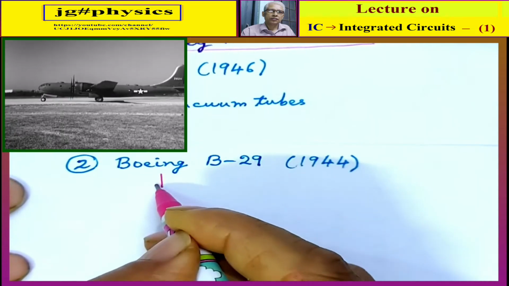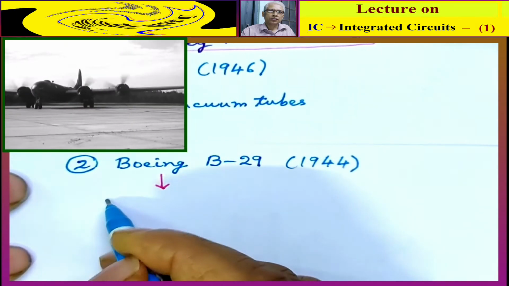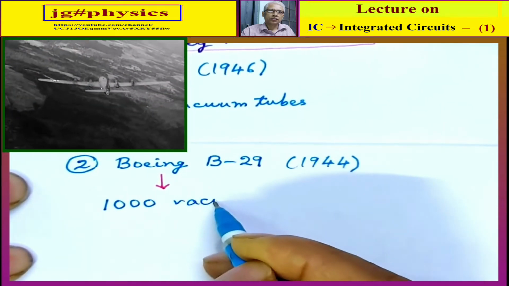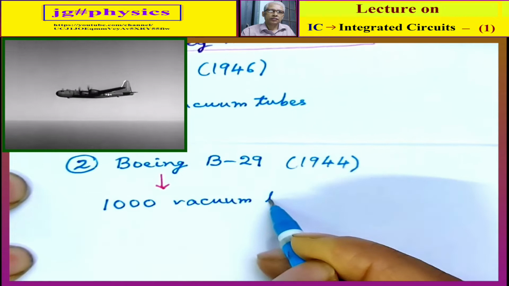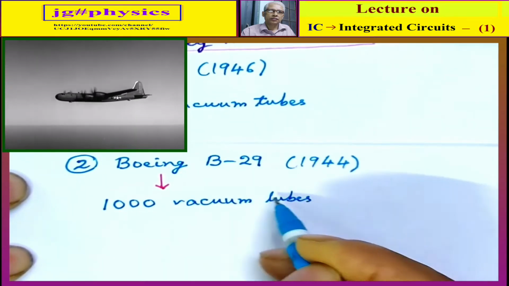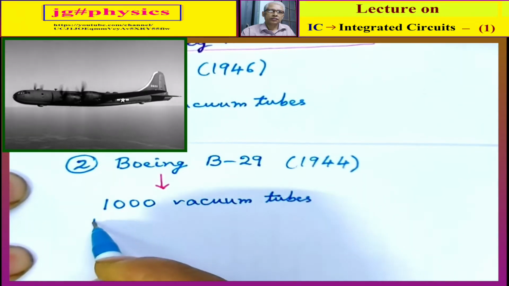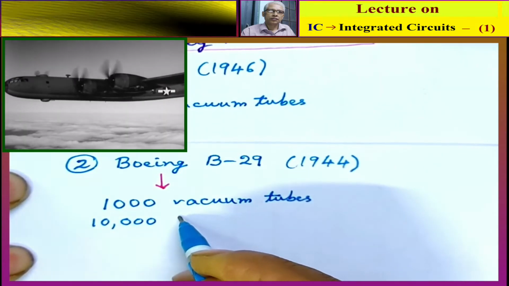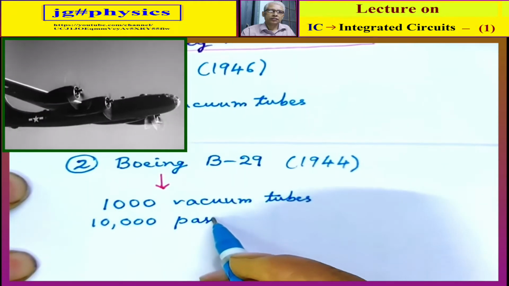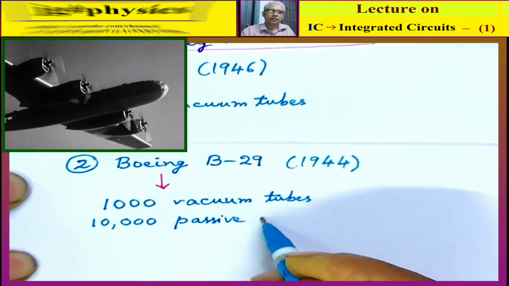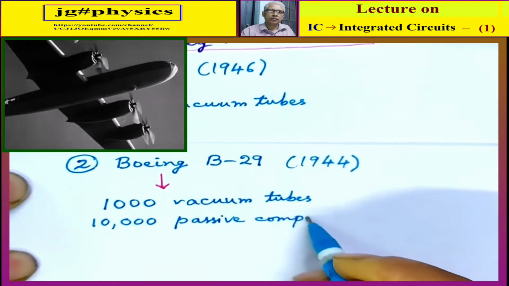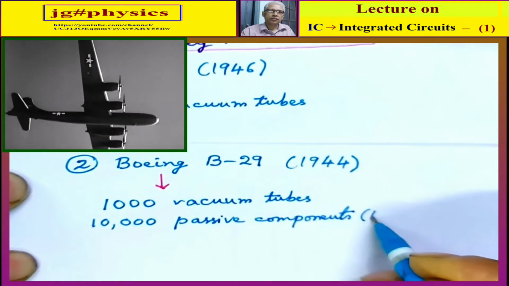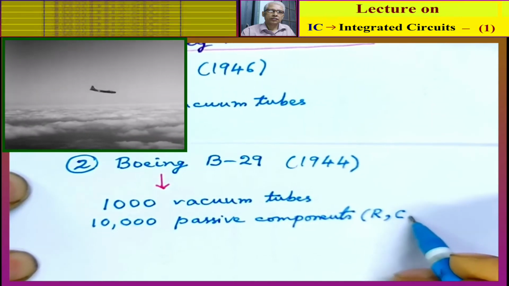This Boeing, when pressed into service, had to carry 1000 vacuum tubes, 10,000 passive components of resistor, capacitor, inductor, etc.